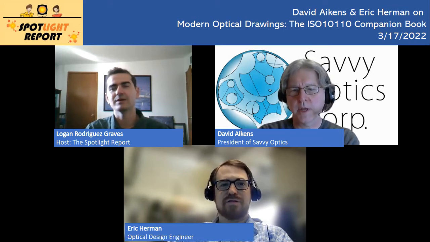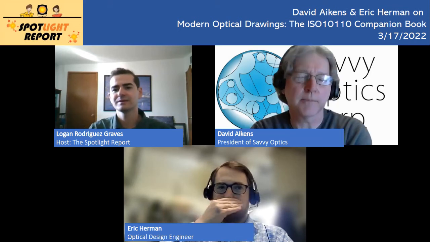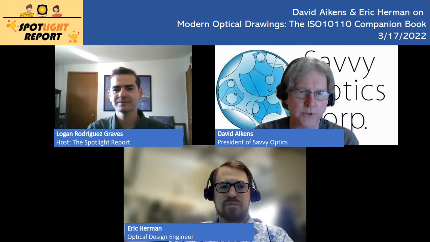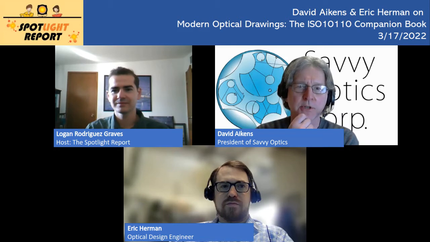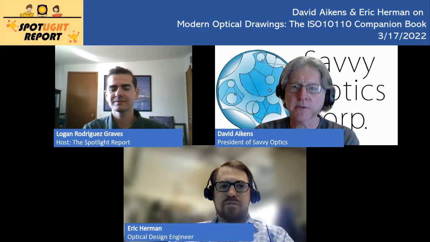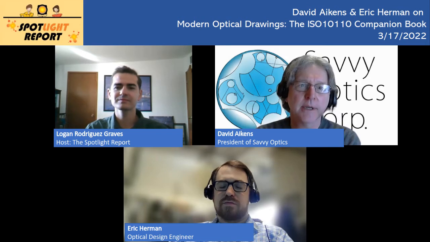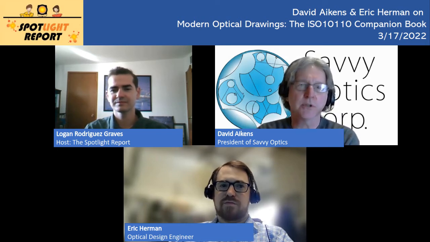Yeah. And I think that tolerances are a really key part of the optical design. Logan, you and I both do consulting. Eric's a full-time optical engineer as well. So I can speak from my own experience. I might spend a third of my time doing actual optical design and two-thirds of my time doing the tolerancing and manufacturing support.